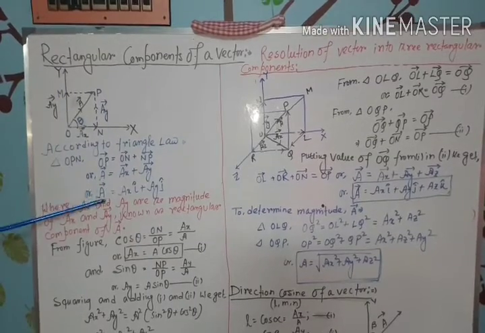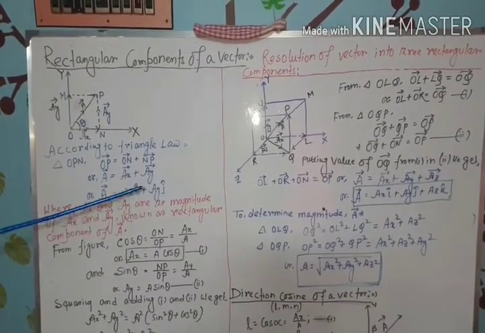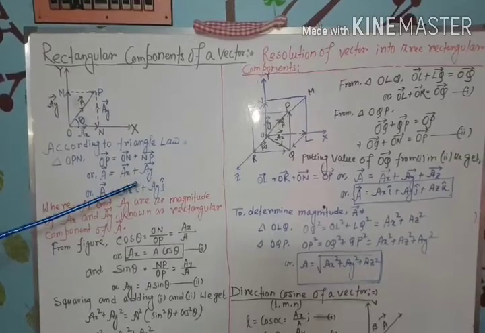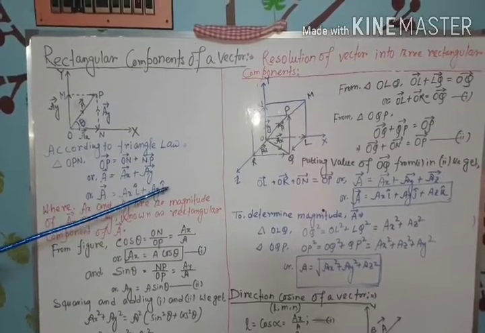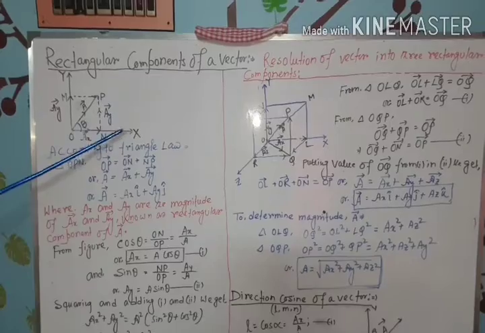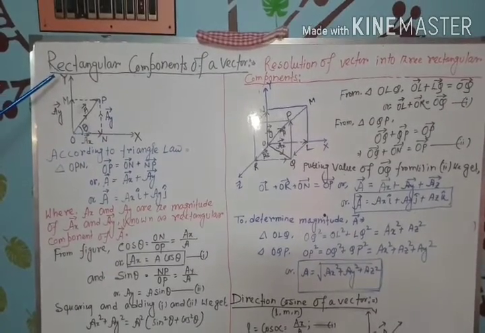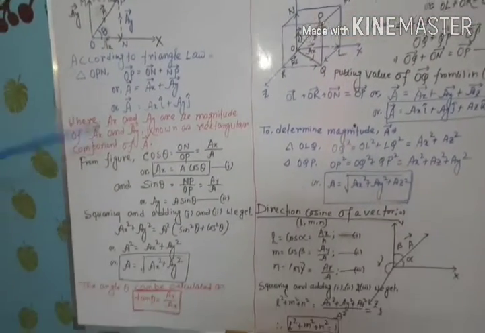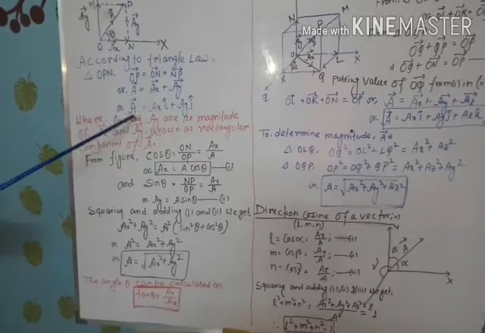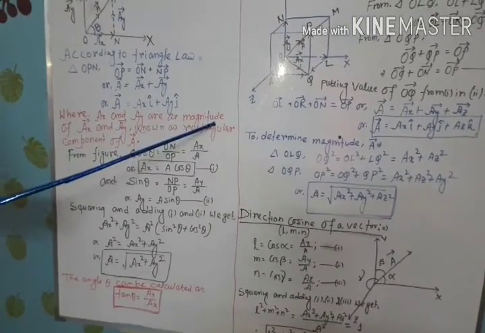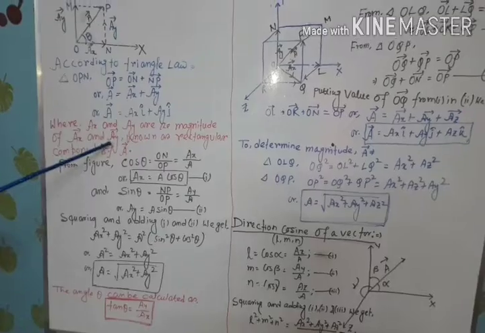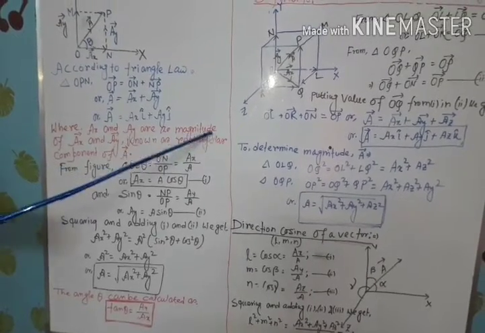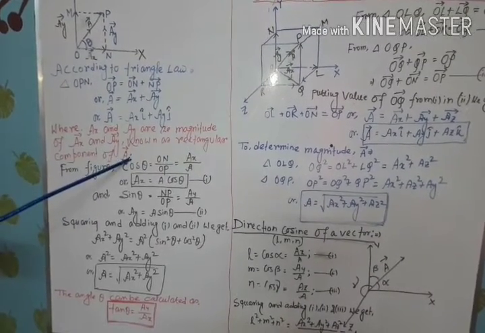Or A vector is equal to AX i cap plus AY j cap, where i cap and j cap are the unit vectors along the x-axis and y-axis. Here AX and AY are the magnitudes of AX vector and AY vector, known as the rectangular components of A.